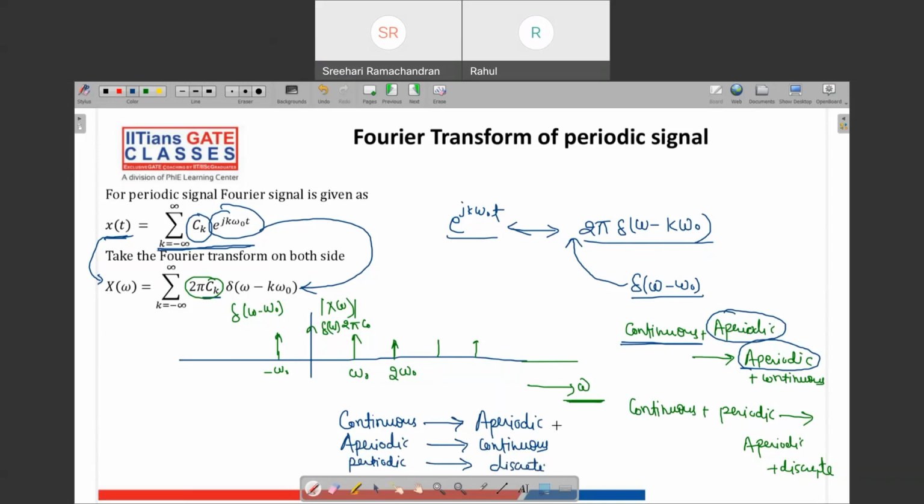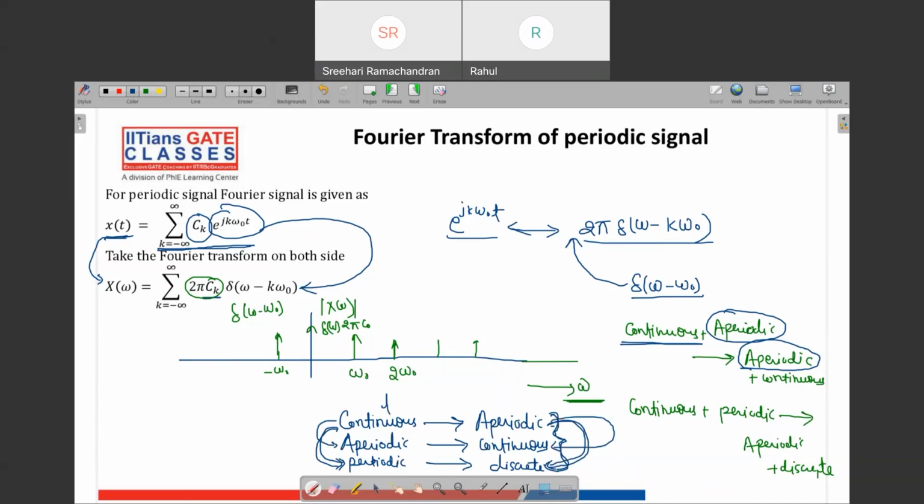Some problems are generally based on this; I have seen some previous year problems that directly ask: if the time domain signal is continuous and periodic, what will the signal be in the frequency domain? It will be aperiodic and discrete. If the signal is continuous and aperiodic, it will be aperiodic and continuous in the frequency domain.